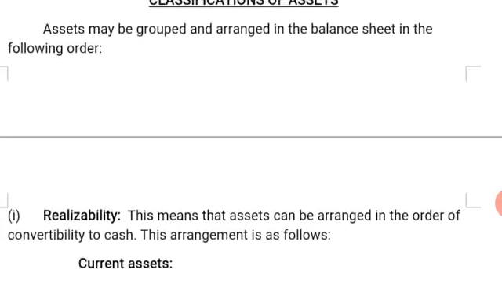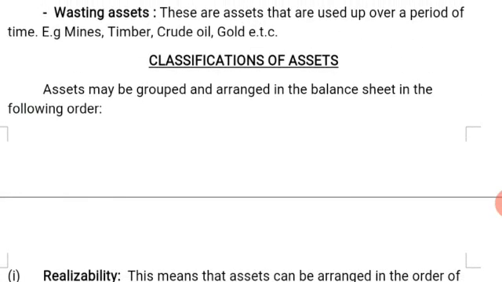Also, let us talk about the classification of assets, how assets are to be grouped and arranged in the balance sheet. This follows two ways. Assets can be grouped in their realizable order or in their permanence order. To start with, let's look at how to arrange assets in realizability order in our balance sheet.